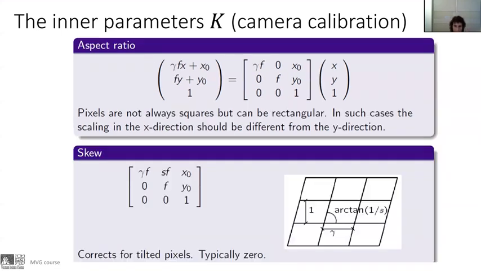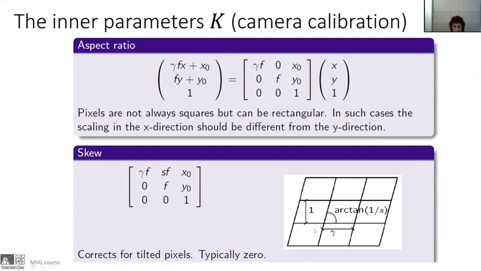Moreover, pixels are not always squares, but can be rectangular. In order to compensate for this, f is multiplied by some gamma. Gamma compensates for the non-equal measure of a pixel in the two dimensions. So I introduce also gamma, and I have gamma f, x0 and y0.